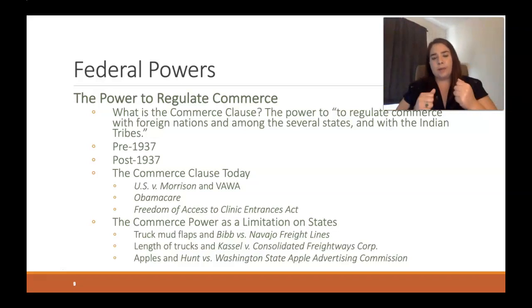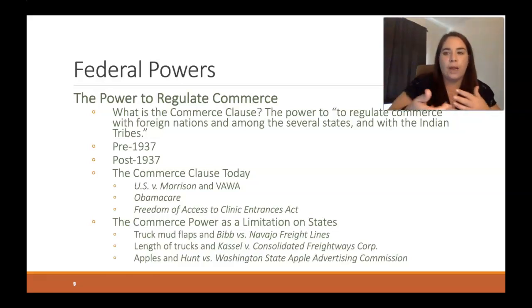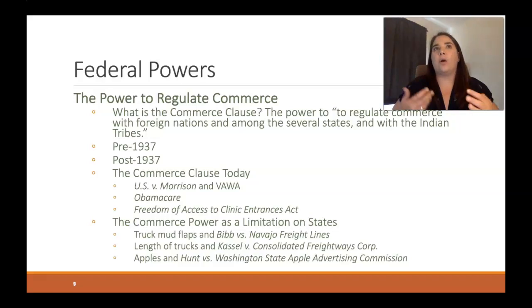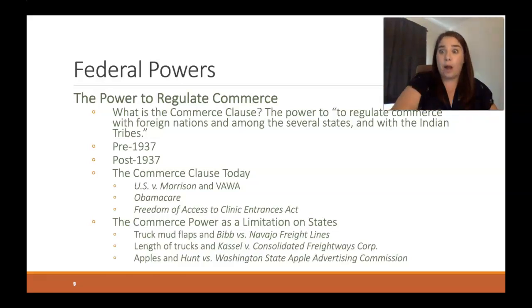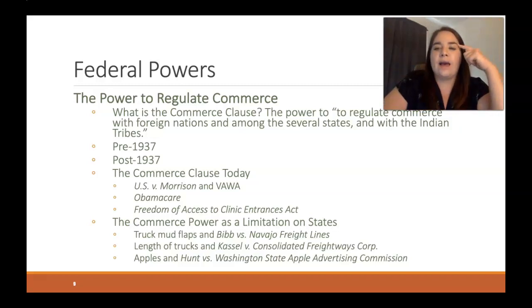Now, what we just talked about was how the Commerce Clause can be used as both a shield and as a sword, right? So when we talk about Congress enacting legislation in order to regulate commerce, they're using the Commerce Clause as a sword. They're fighting a problem that they perceive that we have as a result of some impact on commerce.